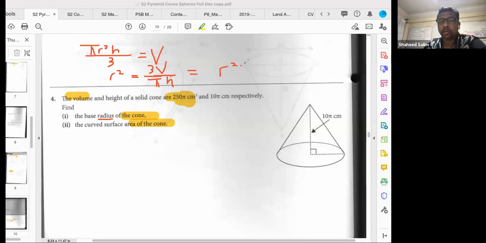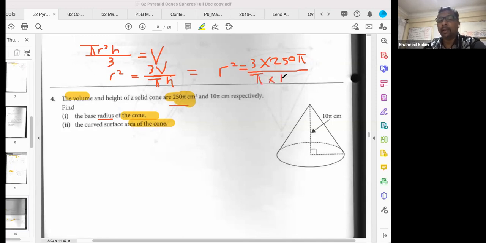r squared equals 3 times volume, but volume is 250 pi. I just put what they say, over pi. And height also has pi, height is 10 pi.